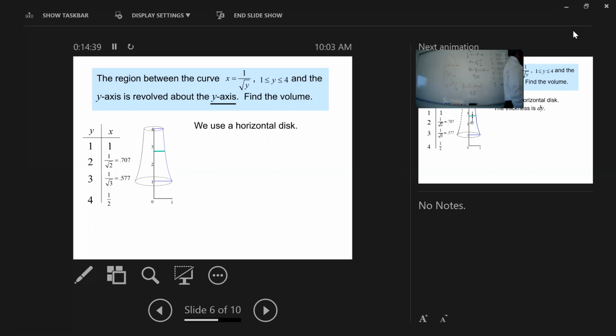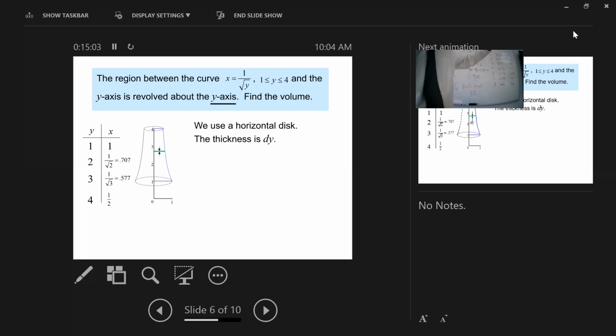So we have to do this to plot it. We're going to point 1, 1. Then 1 over root 2, which is root 2 over 2, comma 2. Root 3 over 3, times 3. 1/2 times 4. That's the plot if you start plotting them on the Cartesian plane.